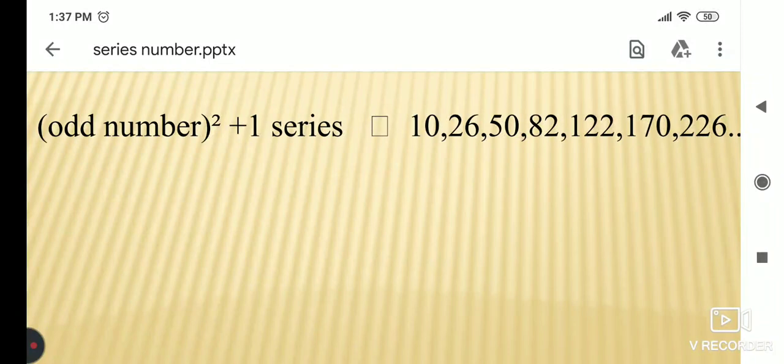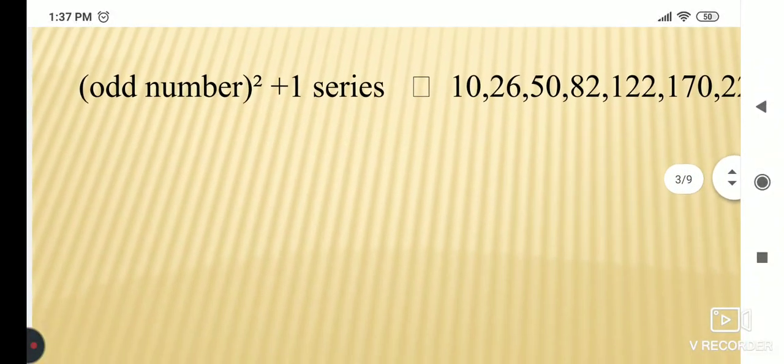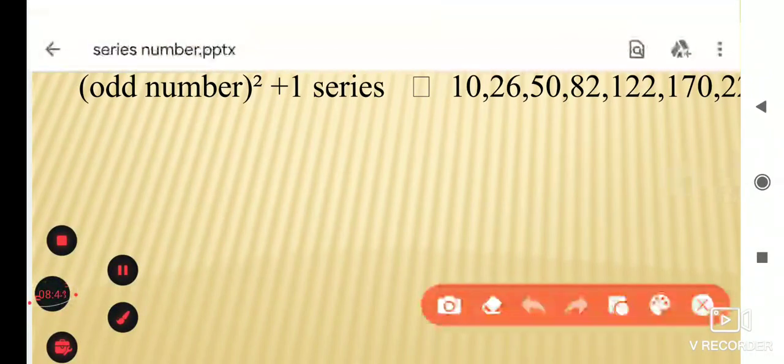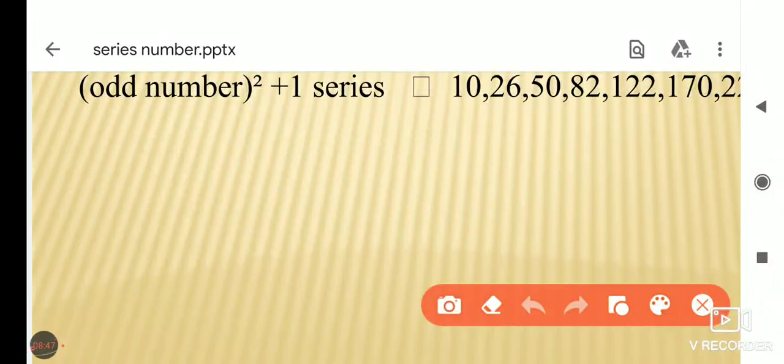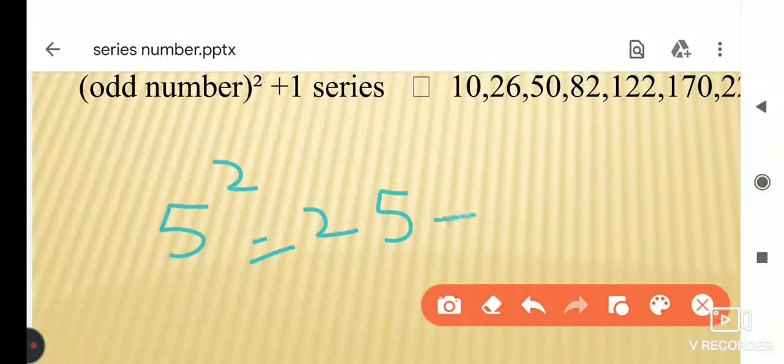Okay, the second number is 26. The next odd number is 5. The square of 5 is 25. If we add 1, then we will get the answer of 26.